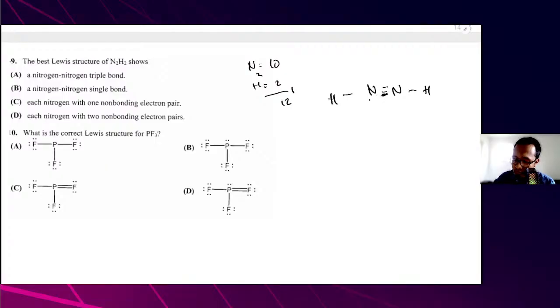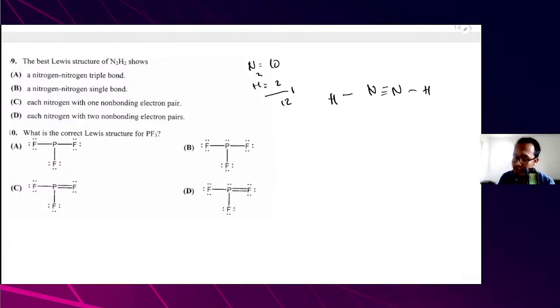So over here, 1, 2, 3, 4, 5, 6, 7. Why is it 7? It's only 7. This is 6, 8.